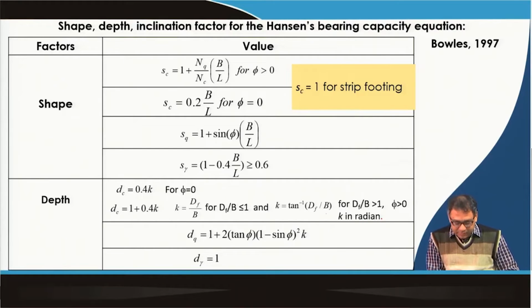Okay. And similarly, dq also we can calculate by using these expressions. Similarly, we can calculate K depending on whether dF by B is less than or equal to 1 or greater than 1. Based on that, we have to select K, similar to DC, and d gamma is always 1 for any phi value.